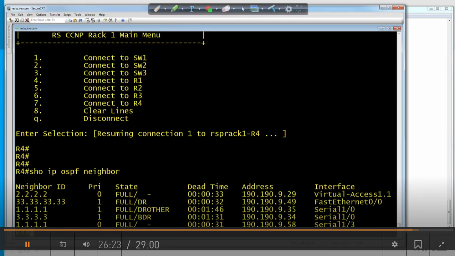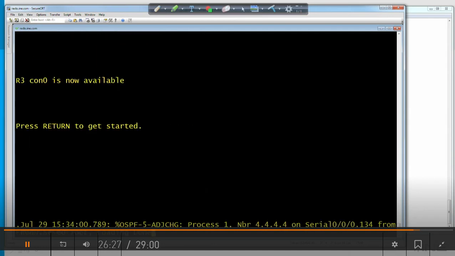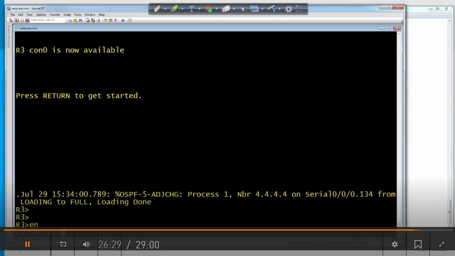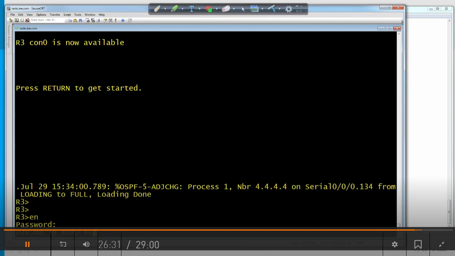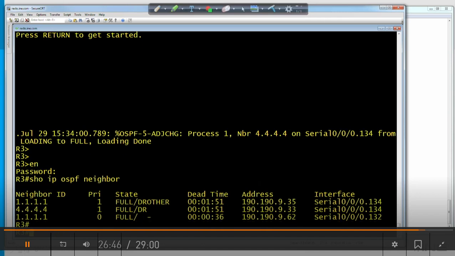Yep, he does. And if I go to router 3, he should have 1 relationship with router 4 and 2 neighbor relationships with router 1. So I should have 3. And I do.